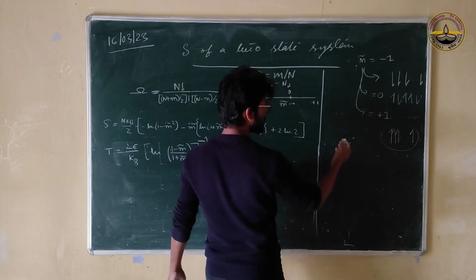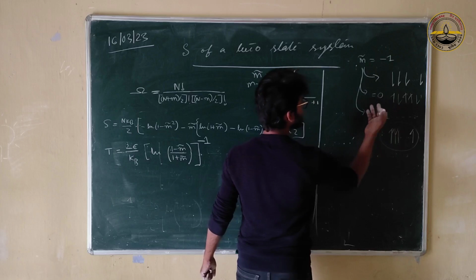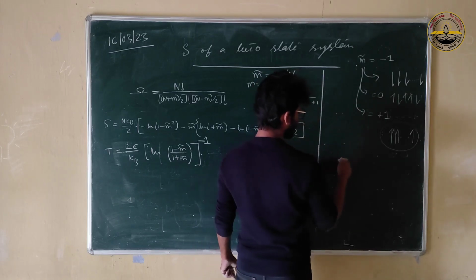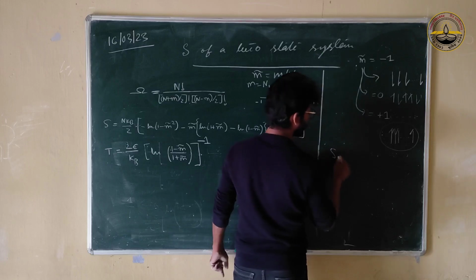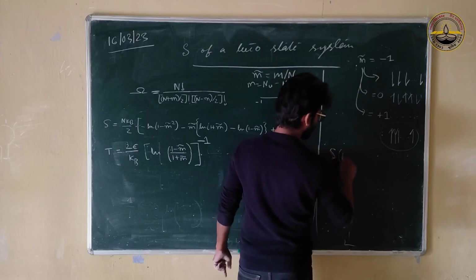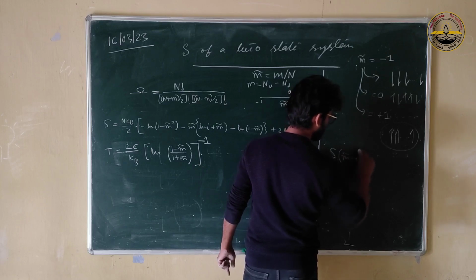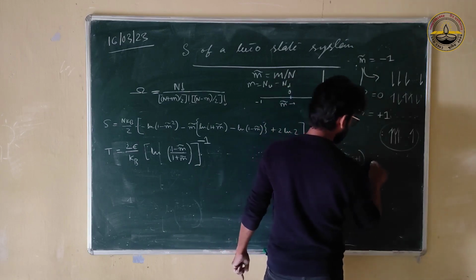And half up, half down corresponds to m tilde equal to 0. So we expect that the entropy for m tilde equal to +1 must be minimum.